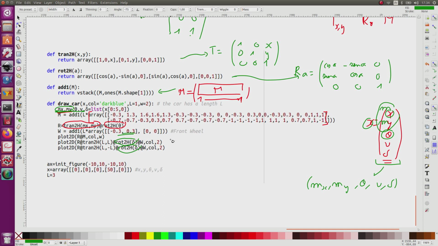This is for the left, this one for the right, but one will receive this translation, and the other one will be this translation. This is my initial vector, and from this I will draw the car.